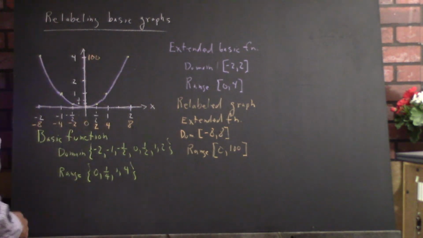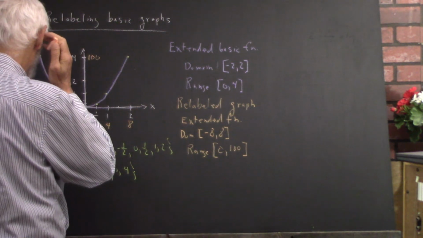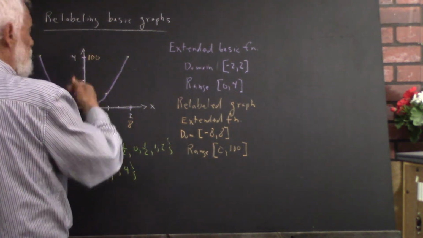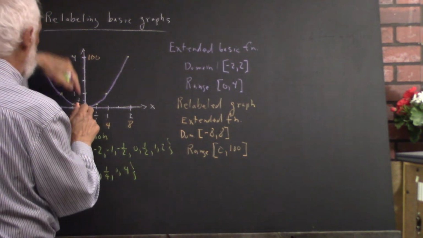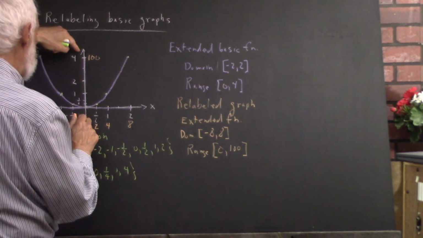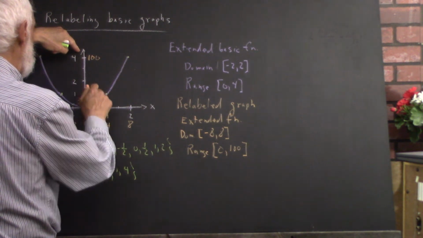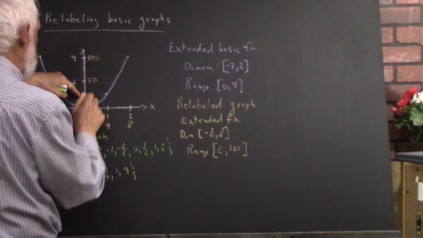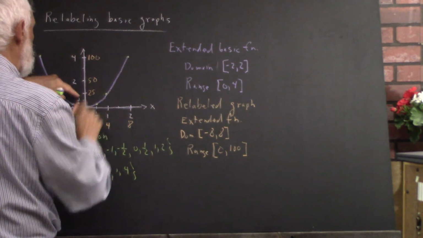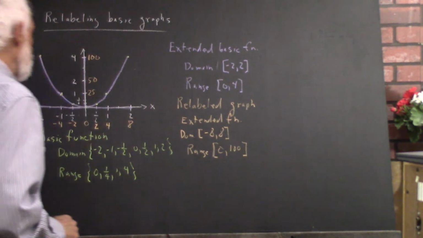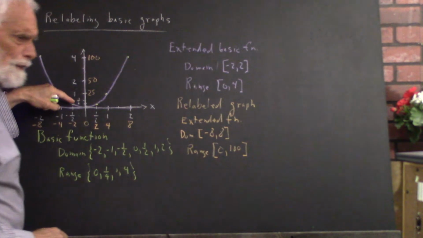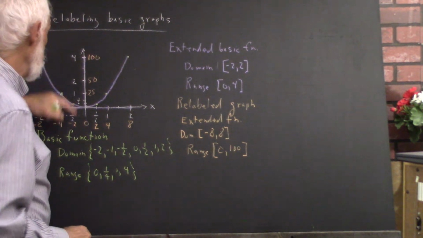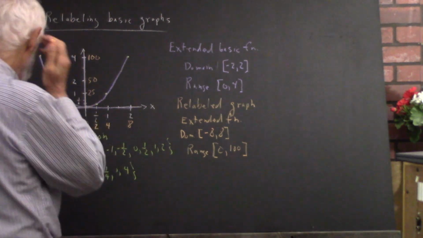Now, for the 100, it's a little harder to subdivide. I mean, it starts out okay. We subdivide the interval from 0 to 100 in half, and we get 50. And we subdivide that in half, and we get 25. Now, if we subdivide that in half, we're going to get 12.5, and that's not a very convenient number to put in the graph, so maybe we do something a little different here.